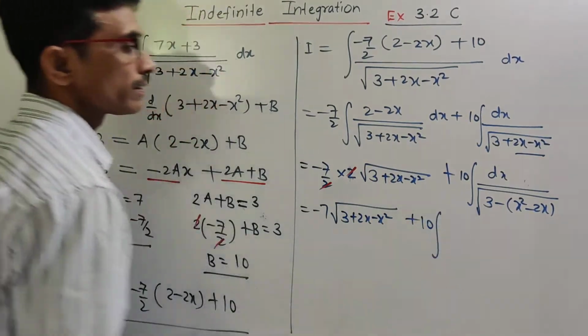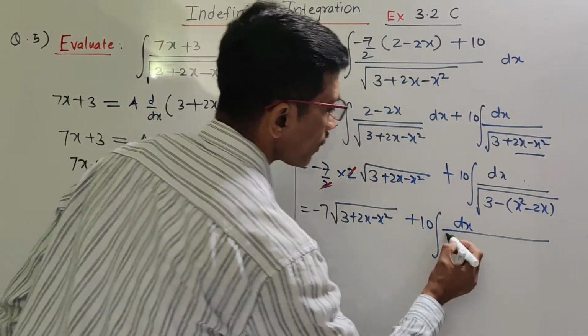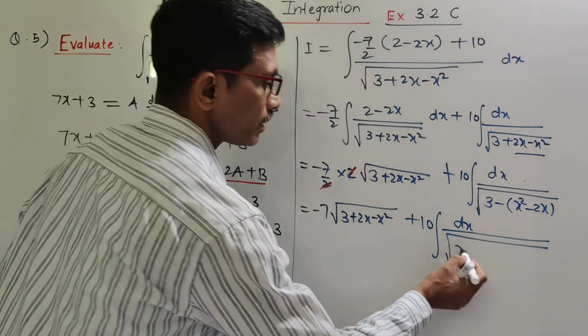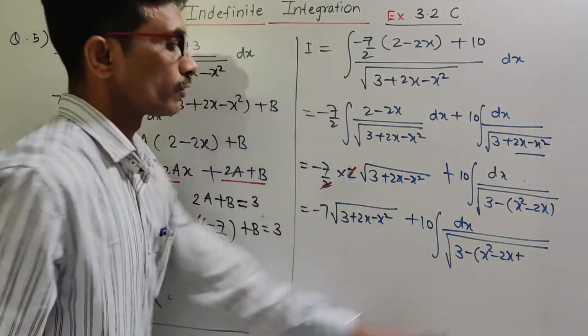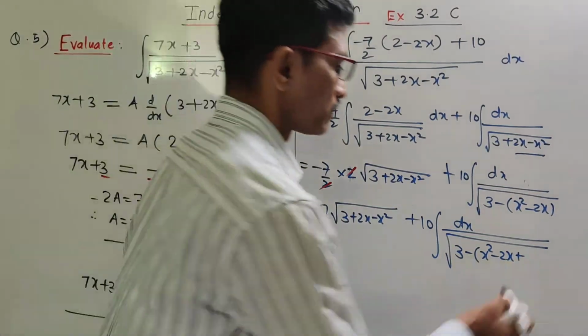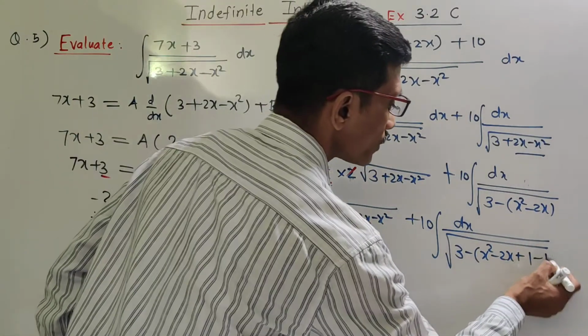Plus 10 integral dx upon square root of 3 minus x square minus 2x. Half coefficient of x is 1, so 1 square. So 1 we add and subtract over here.